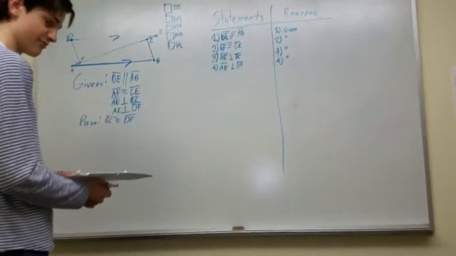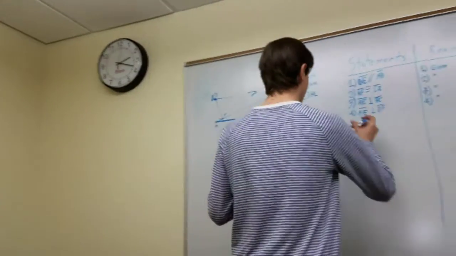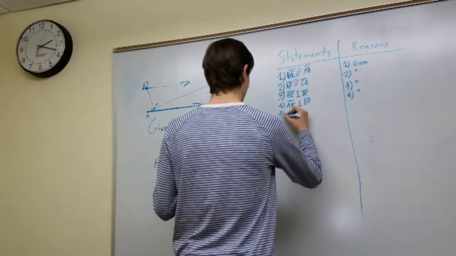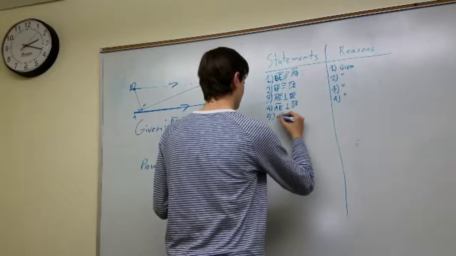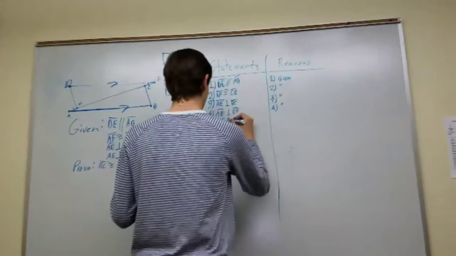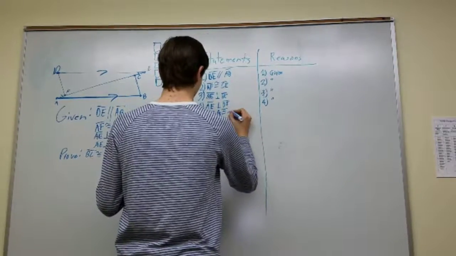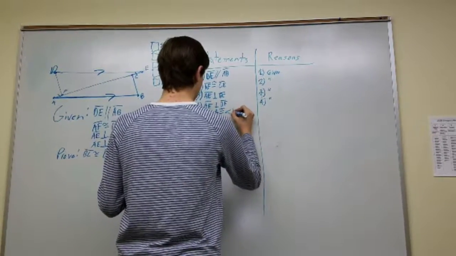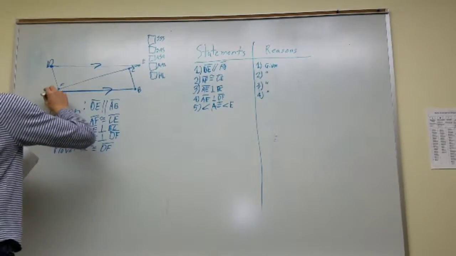So for step 5, we're going to say that angle A is congruent to angle E. So we're saying that these two angles are congruent.